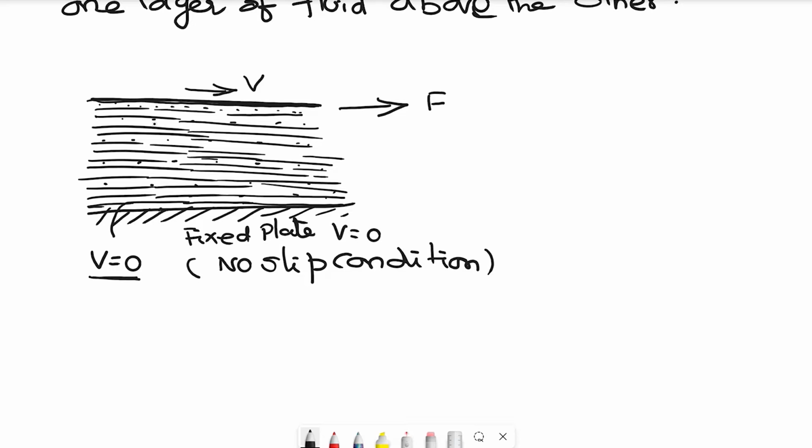So the velocity distribution will be like this. Assuming the distance between the two plates is very small, we can consider it as linear. See how here the velocity is zero. Slowly the velocity is increasing, and at this place the velocity becomes the velocity of the plate, which is equal to V. So this you should understand first.